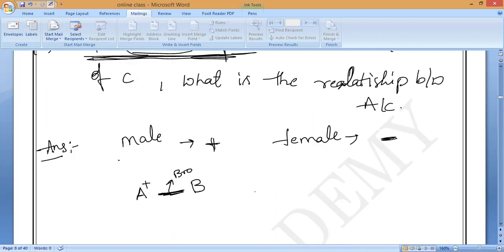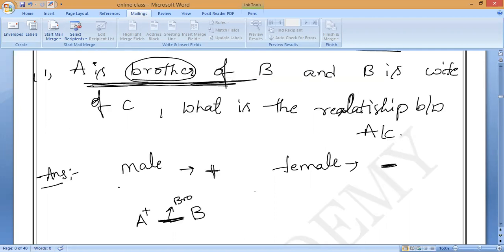You understand? Yes, ma'am. A is the brother of B, and what is the gender of B? Female, minus. Why female? Because B is married to someone.